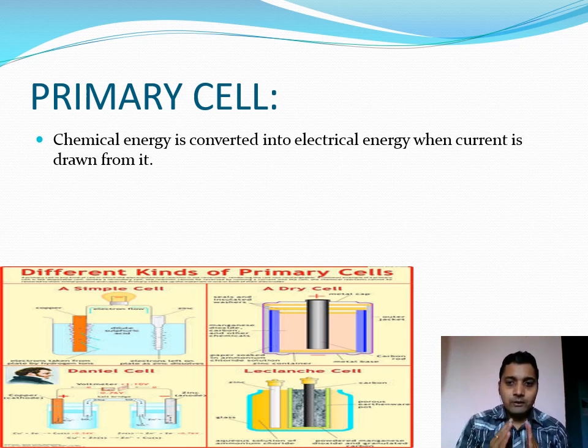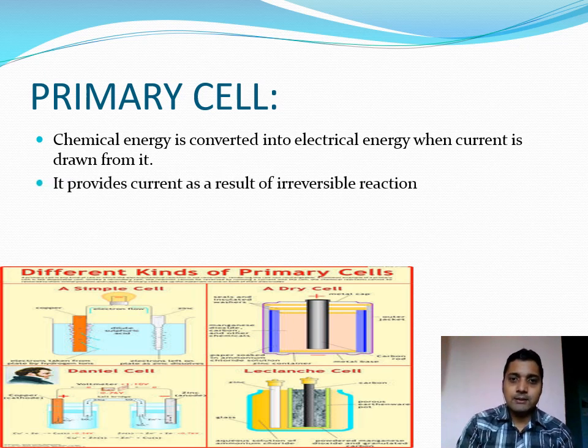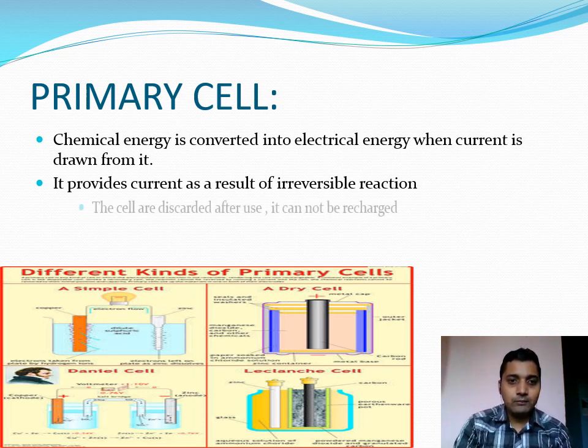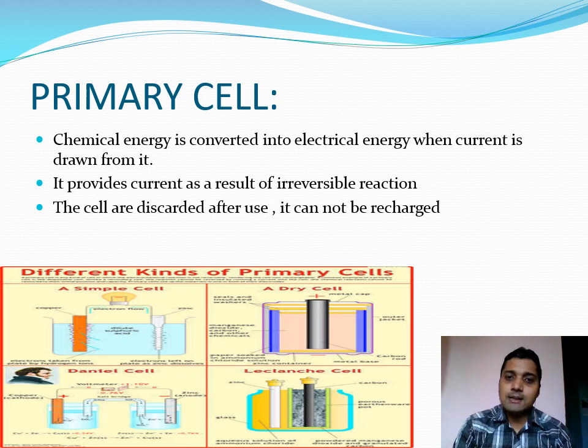Once the energy conversion is over, meaning the total chemical energy has changed to electric energy, we cannot charge this battery or cell again. In a primary cell the reaction is irreversible, meaning one time only, chemical to electrical, and over. This cell is discarded after use because it cannot be recharged.